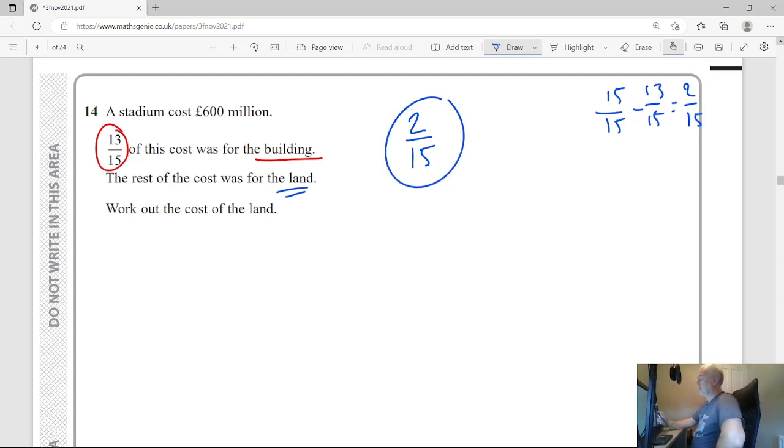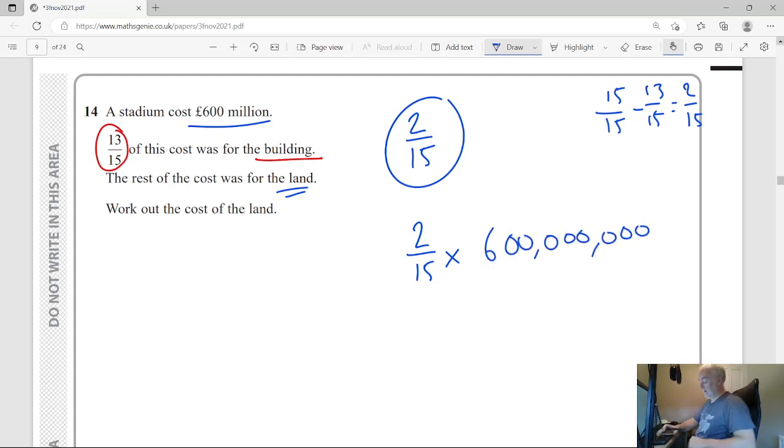So we want to know what is 2/15 of 600 million. And that's what I'm going to put into my calculator. So fraction key 2/15, tab to the right, times 600 million.